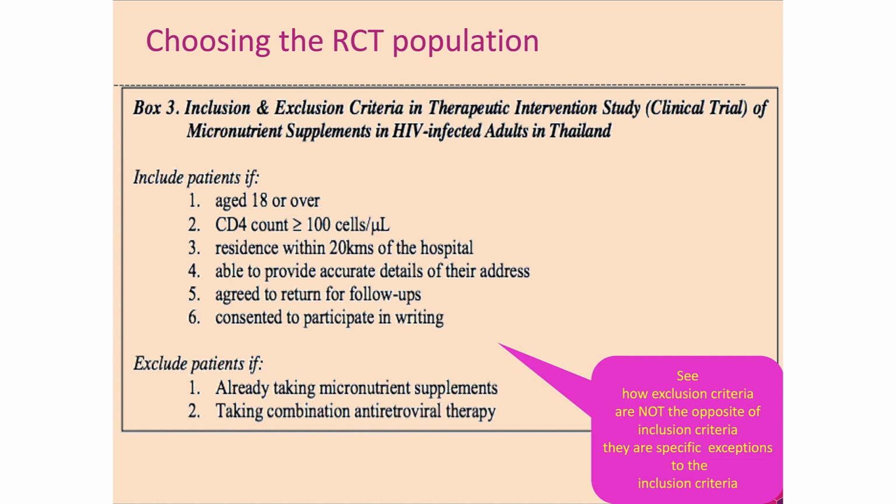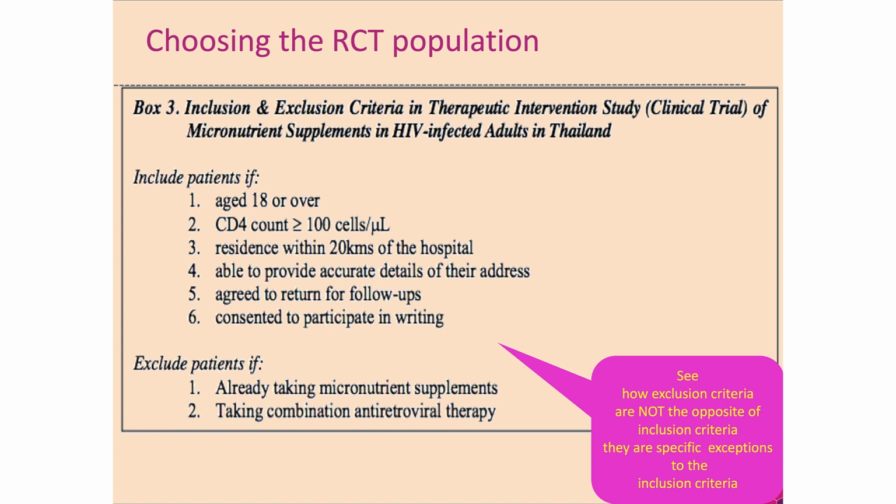So a person could be aged 18 and over, have a CD4 count greater or equal to 100 cells per microliter, live within 20 kilometers of a hospital or the hospital where we're going to do the study, can provide details of their address, will return for follow-ups and has consented, but if they are taking vitamins, then they can't take part.